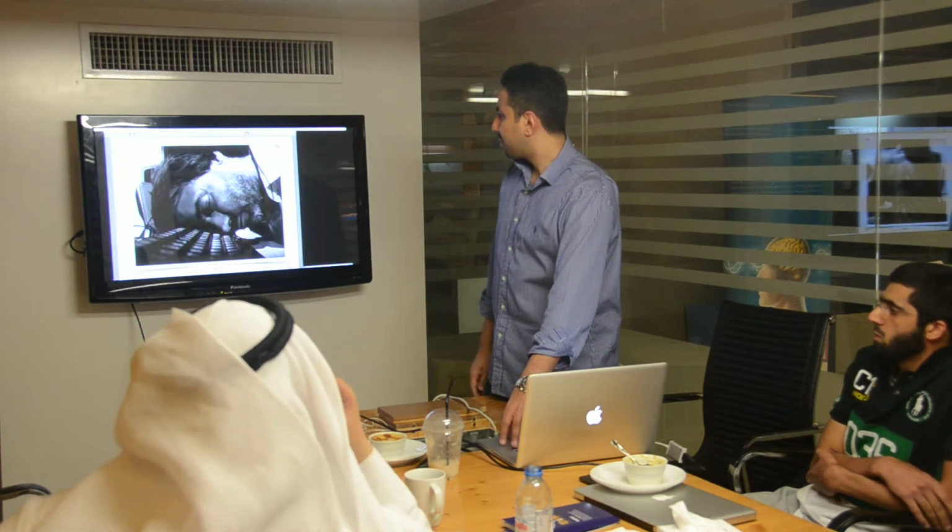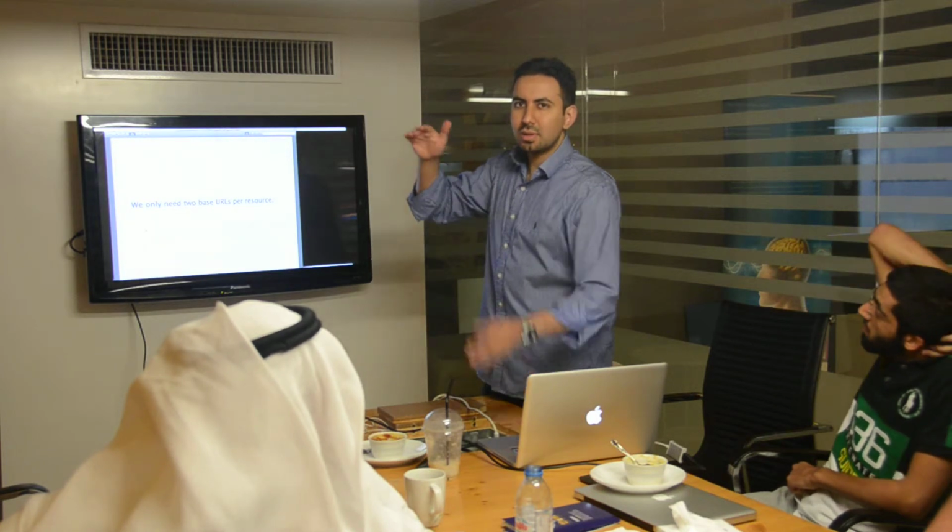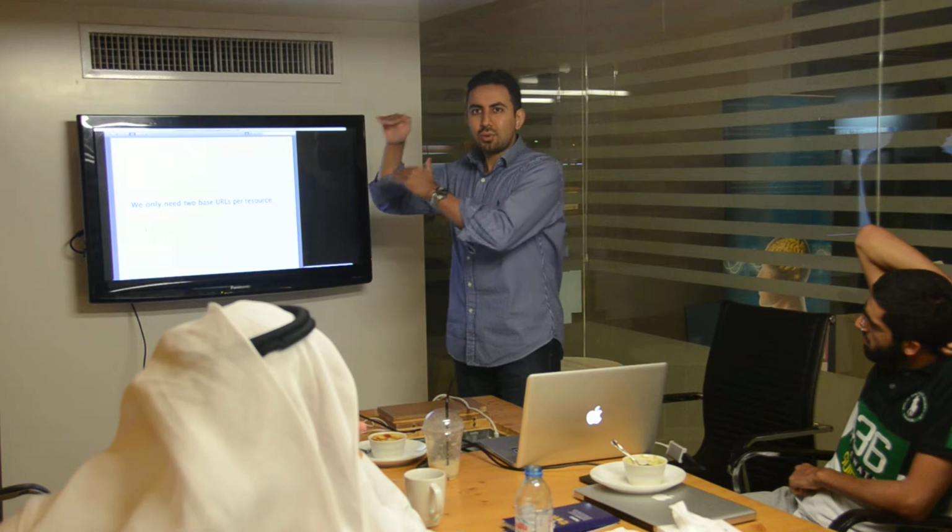So you want to keep it simple, and you only need 2 base URLs per resource. Let's say this is the use case for REST. This is the REST, yeah. This is the use case for REST, but even that, if you want to add some logic to it, you can include it within it.